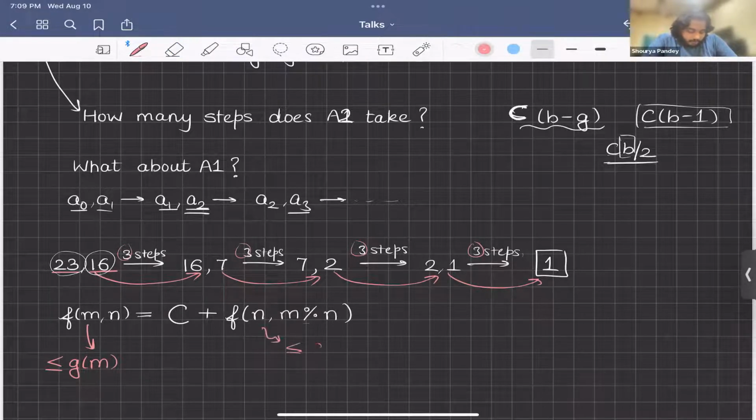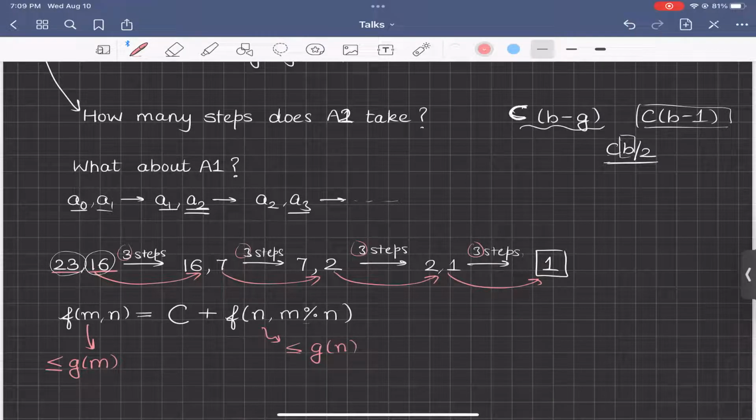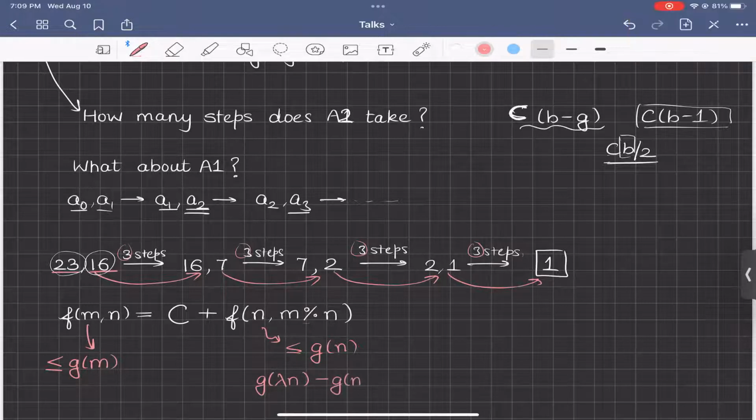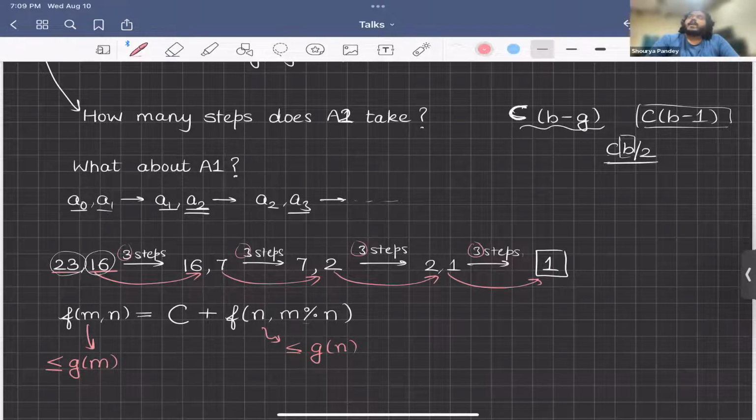So by induction, I know that this is at most g of n. Yeah, the induction hypothesis. So then you get g of lambda n minus g of n equals floor of lambda, roughly. But the problem is, what if n is m minus one?